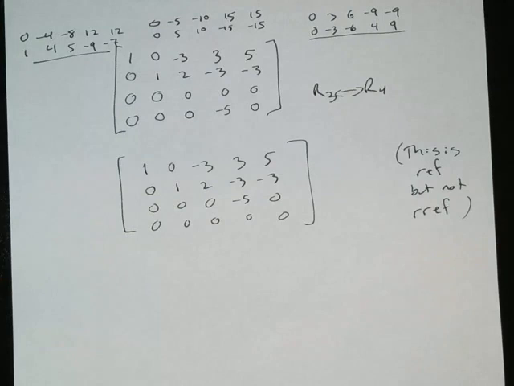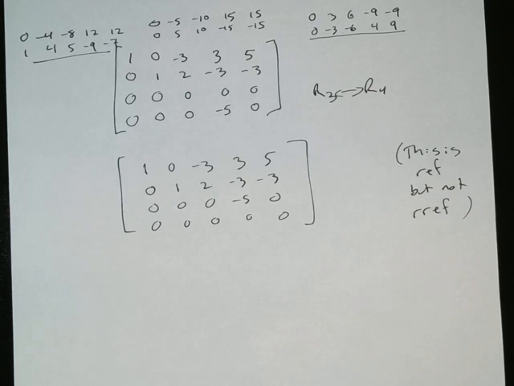What's that extra R stand for? Reduced. So there are 2 more steps. There's make the pivot a 1, and then clear the rest of that column.